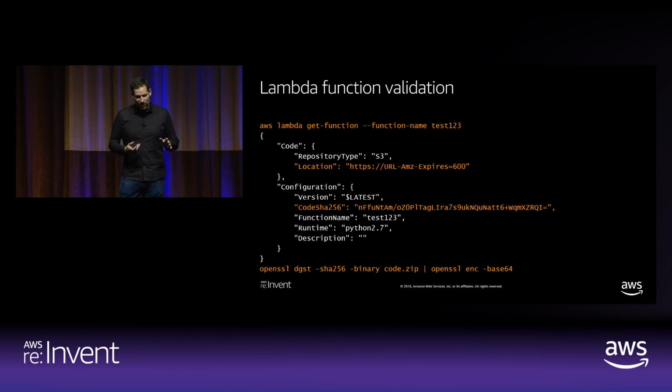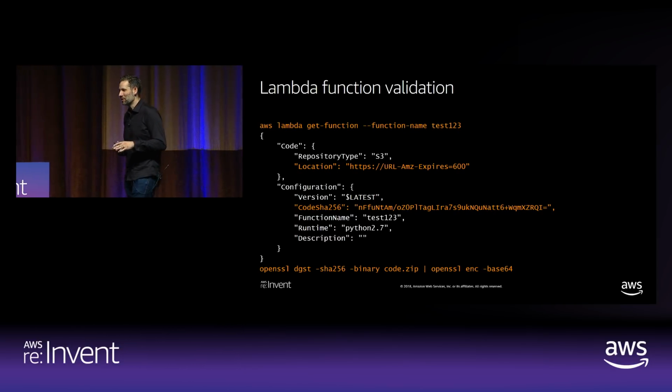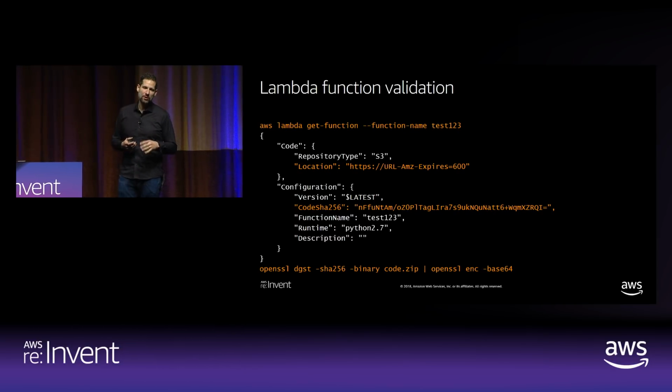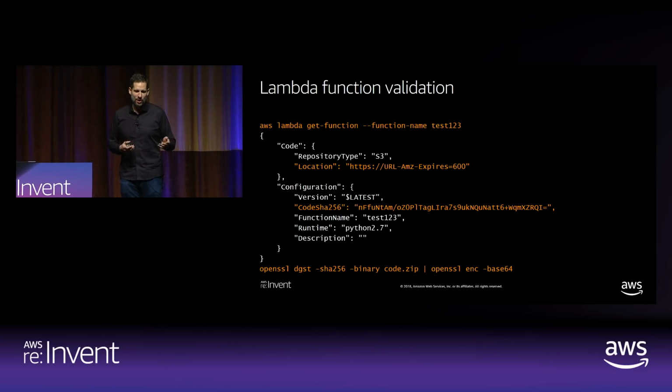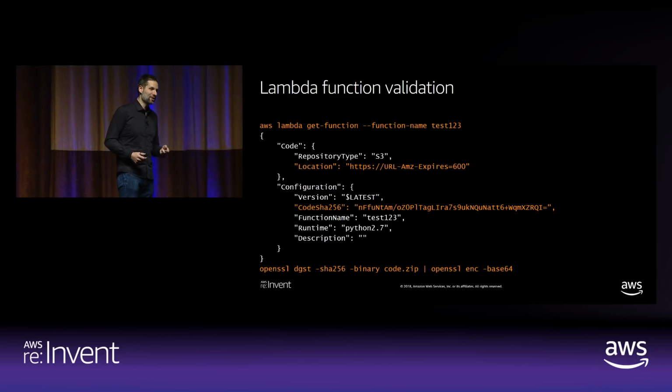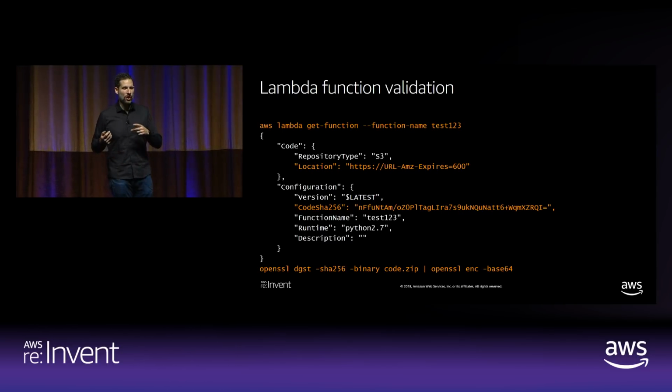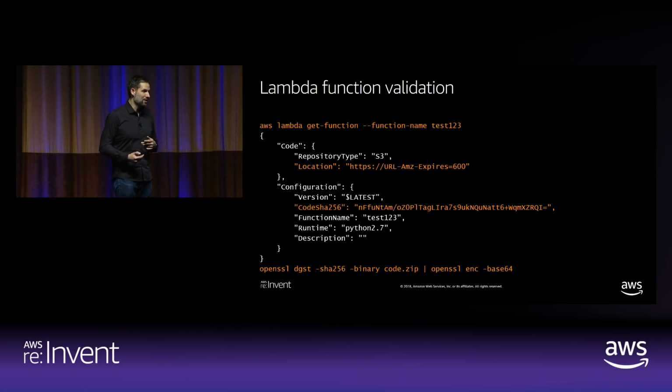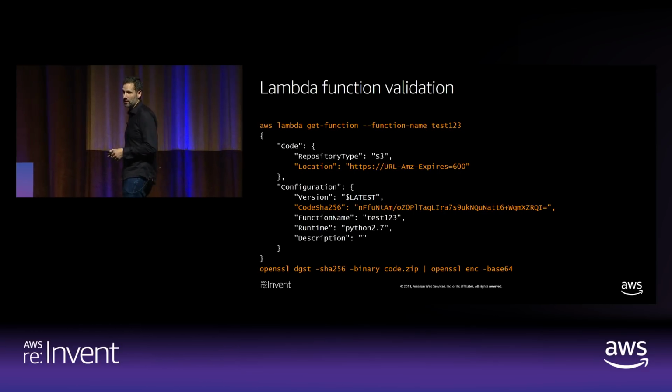There is a little bit tricky way to get that value when you have created your Lambda package: you just run OpenSSL and get the SHA for the binary, and then you actually have to base64 encode it to get the one that matches the one that we're using. The command to do so is in the bottom there. You can also do that in Python directly if you want to run a Python script that creates SHAs for all your packages, or just use OpenSSL directly.